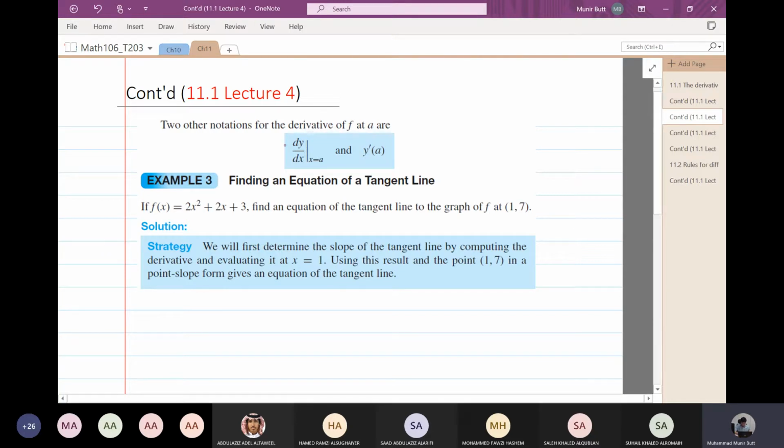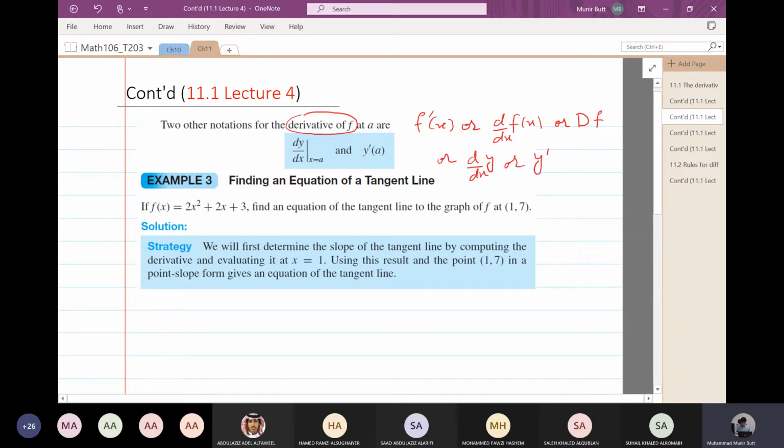Okay, now as I told you, there are many notations. We write the notation of the derivative of f as f dash x, or d over dx of f of x, or d over dx of y, or we write y prime.